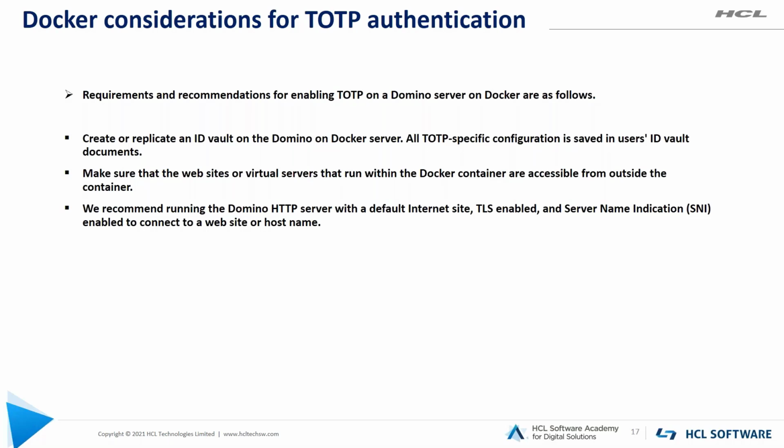Ensure that the website that is running within the Docker container can be accessed from outside of the container. We recommend running the Domino HTTP server with default internet site, TLS and SNI enabled to connect to the host. Moving to the next slide.